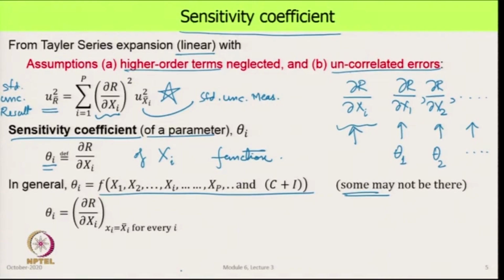So, we get a function, and in that we put values, that is the mean value of every parameter. And when you do this calculation by putting this in this function, we get the theta I, which is the numerical value of the sensitivity coefficient.